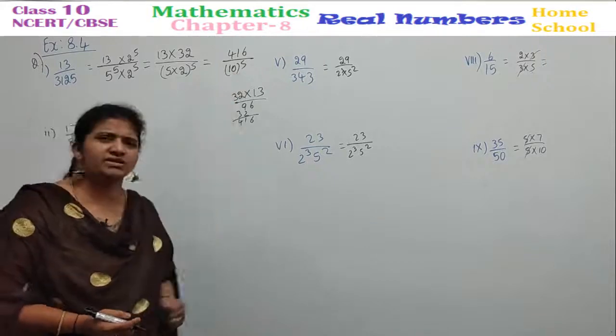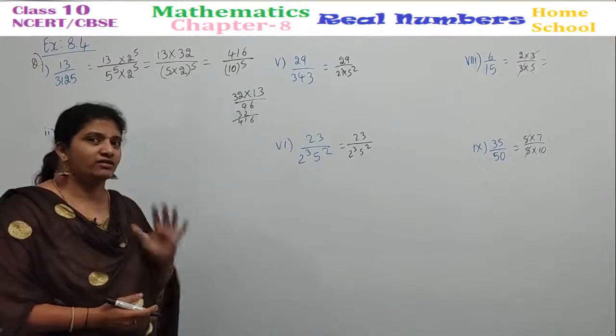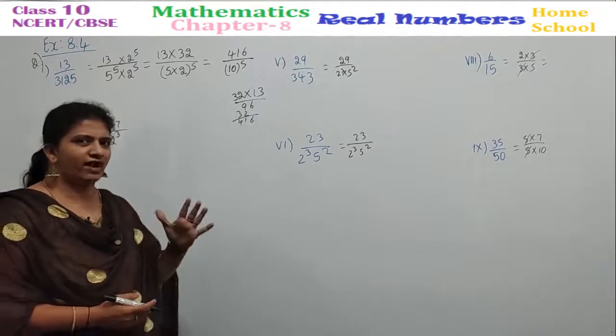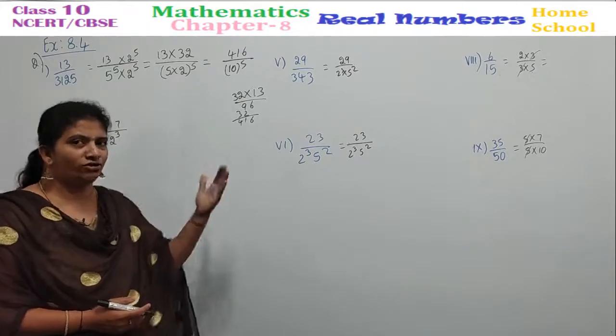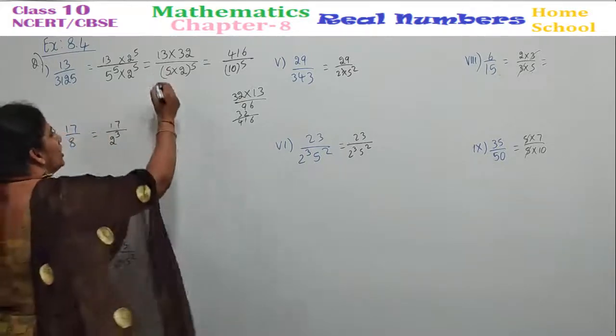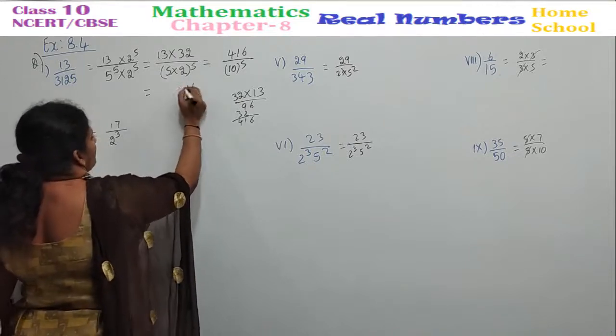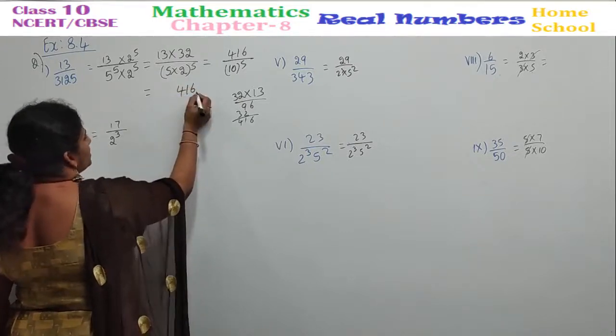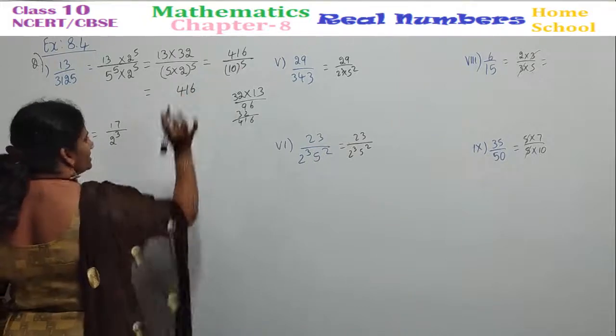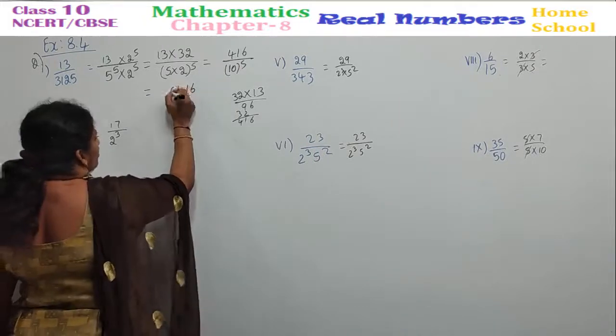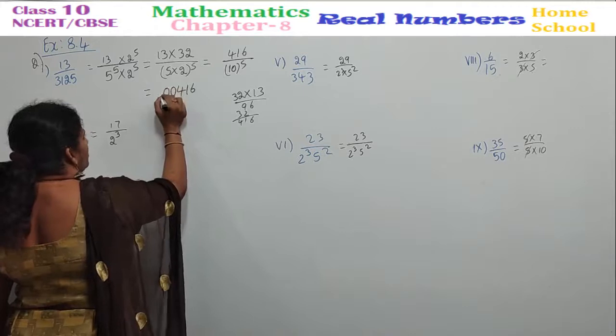10 power 5 means how many zeros will you have? 5 zeros, right? With that 5 zeros, when you convert the numerator, what happens? You are going to put a dot after how many numbers? After 5 decimal places. 1, 2, 3 only. 3 digits only you have. So what you need to do? 4, 5, put a point.